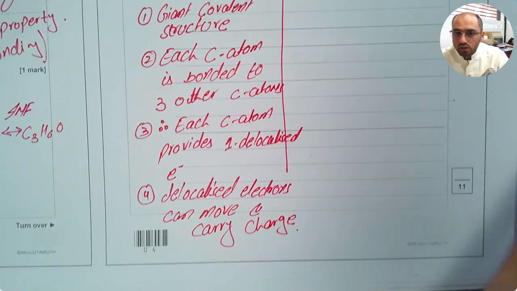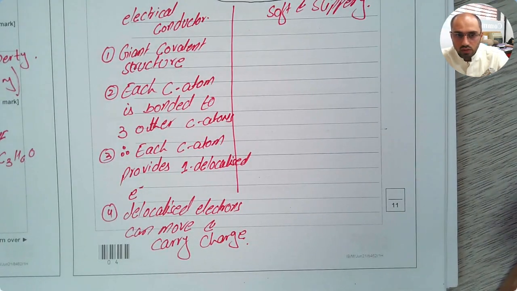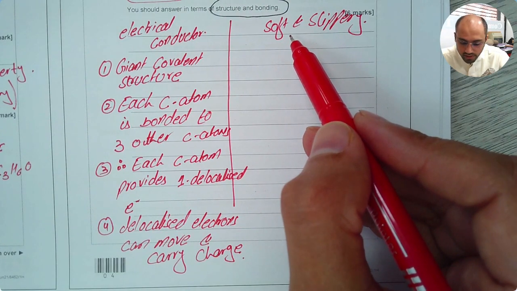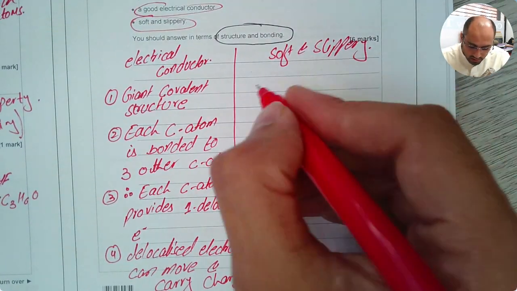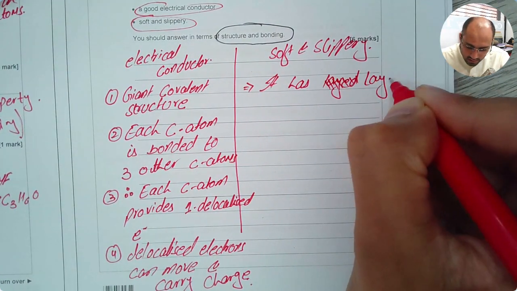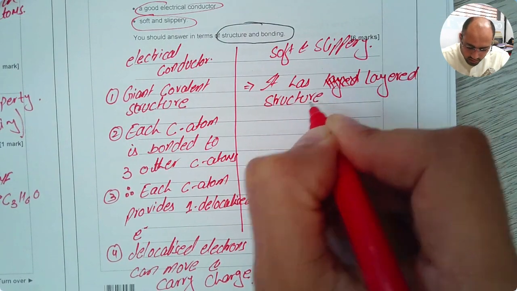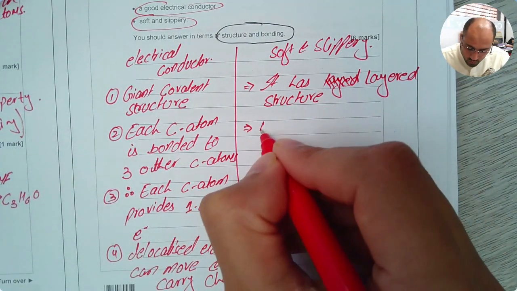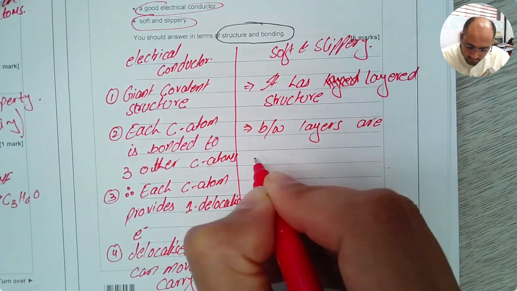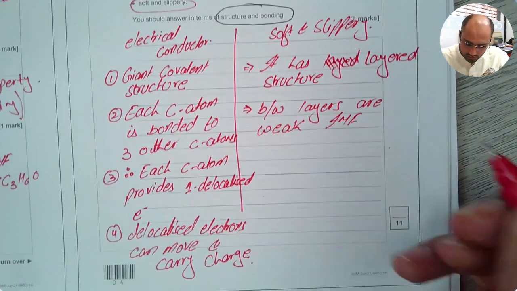Now, when it comes to graphite being soft and slippery, I will now say it has a layered structure. Number two, I'll say between layers are weak intermolecular forces of attraction.